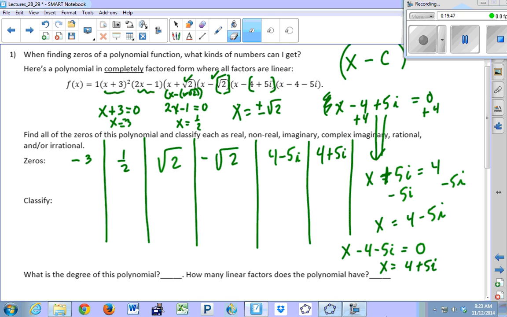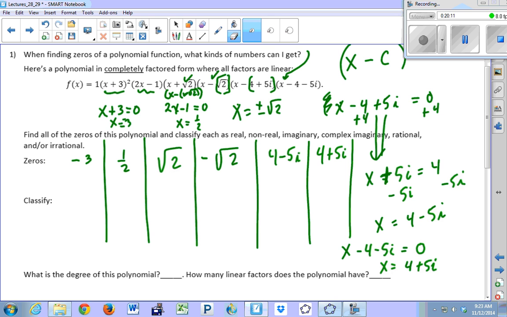So just like these irrational roots, if you have one, you have the other because they just changed sign. If you change the sign of this, their conjugates, the subtraction sign becomes an addition sign. So you can look at this and say one of your zeros is 4 plus 5i.